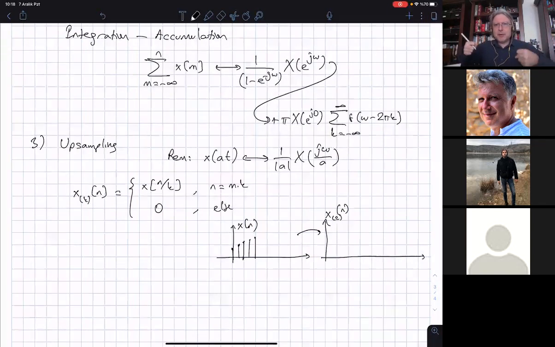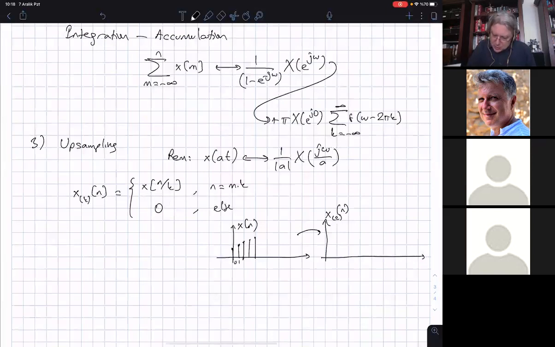You're pulling from both sides of the signal. But since it's discrete, you have to stretch by integer amounts only. And you have to insert zeros in between because there will be gaps. This is at 0, this is 1, this is 2, 3, 4. If you stretch it twice, there will be empty gaps in between, and instead of those empty gaps, you put zeros.